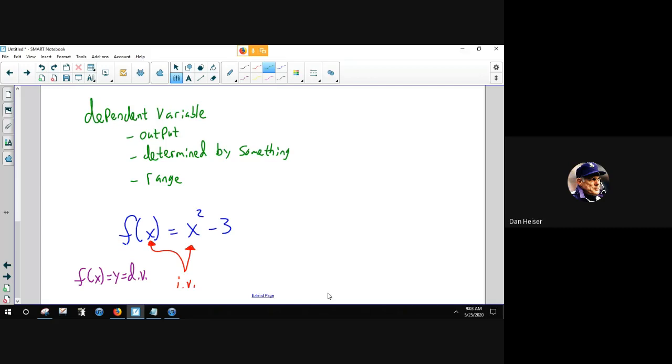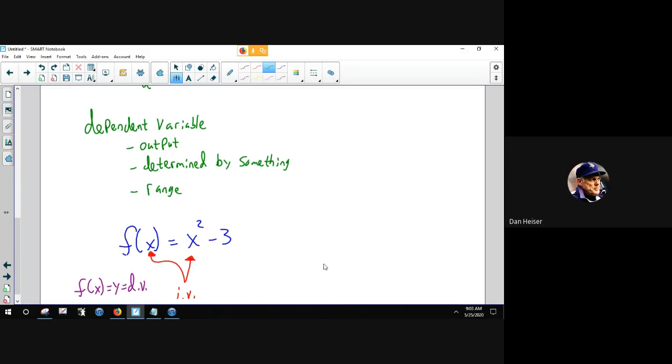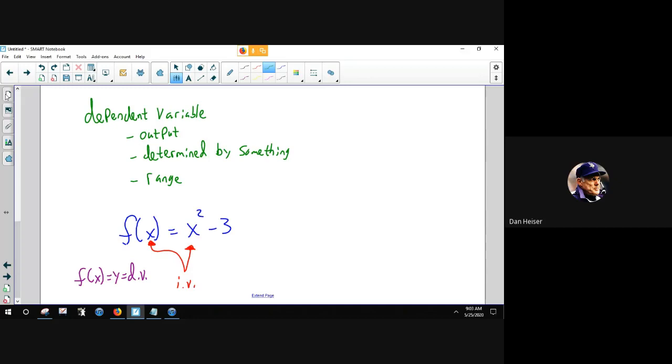I get to choose an x value, and I get to see what y value appears. If x is 5, y is going to be 22. I don't say choose a y and then find an x. I say choose an x and then find a y. That is independent and dependent.